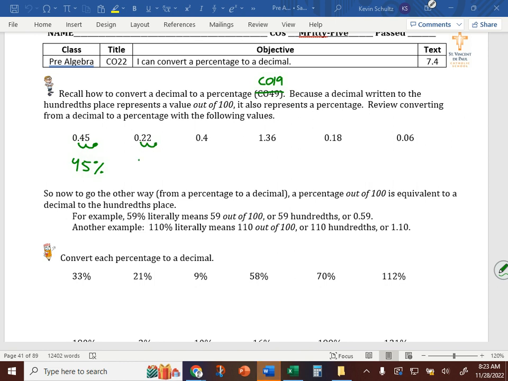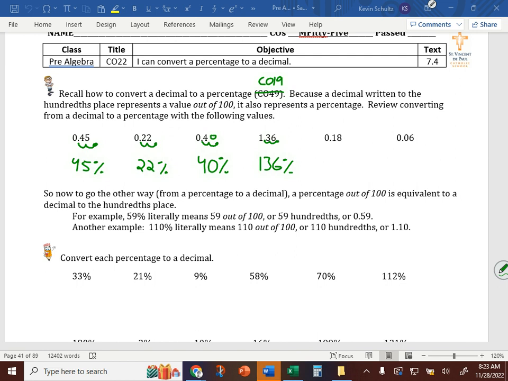Move it to the right 2 spots. 22%. 0.4 as a percentage. Tristan? 40%. Move it to the right 2 spots. Throw that extra 0 in there, right? 40%. 1.36 as a percentage. Regan? 136%. Move it to the right 2 spots. And there we have it.